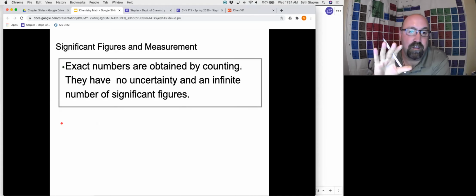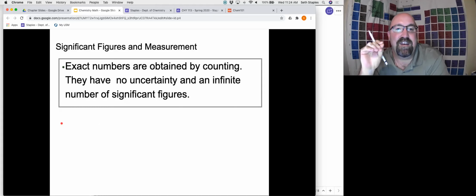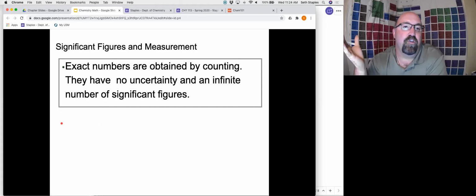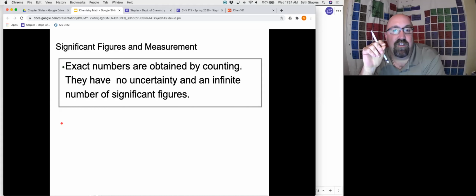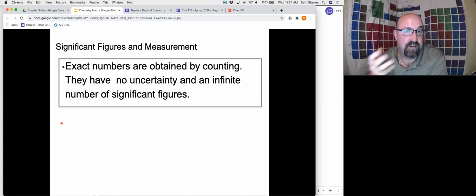There's no uncertainty in those, and they are considered to have an infinite number of significant figures. For example, maybe you're finding the average of 3 different measurements. When you divide by 3, you do not take that 3 into account for your significant figures, because that is an exact counted number with an infinite number of significant figures. So keep in mind the difference between measured numbers and counted numbers.